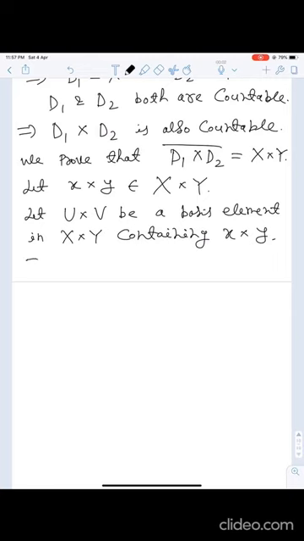That implies x belongs to U and y belongs to V.